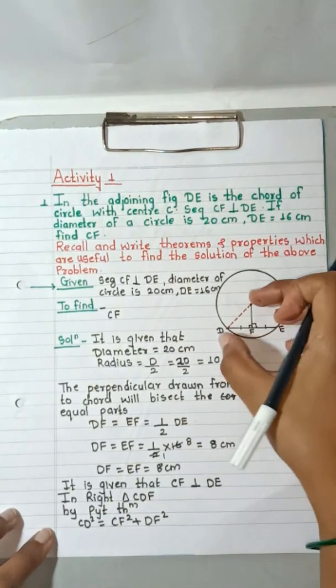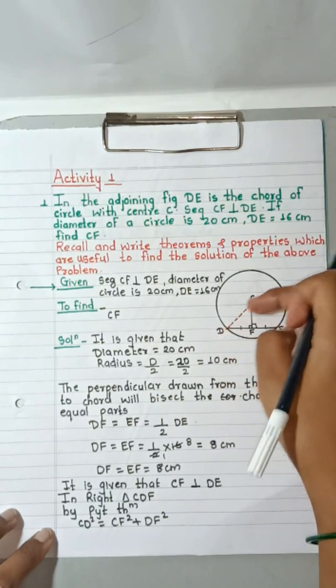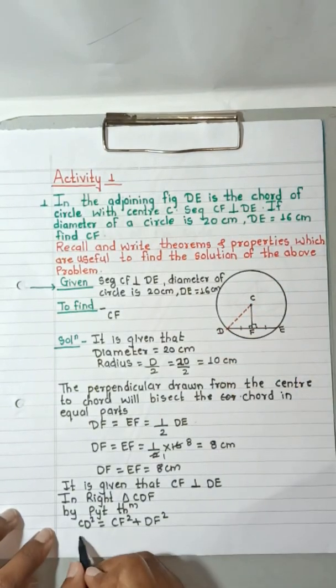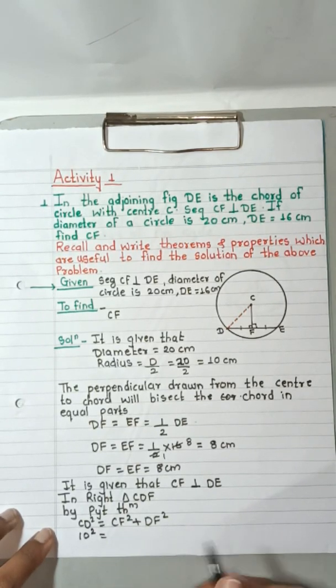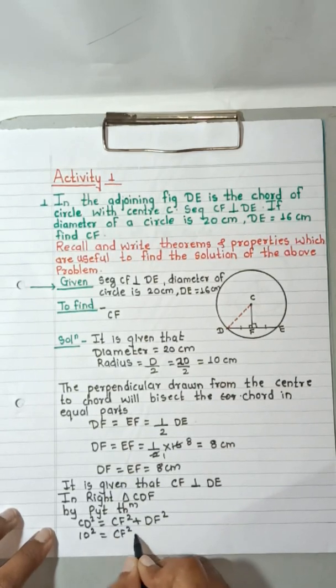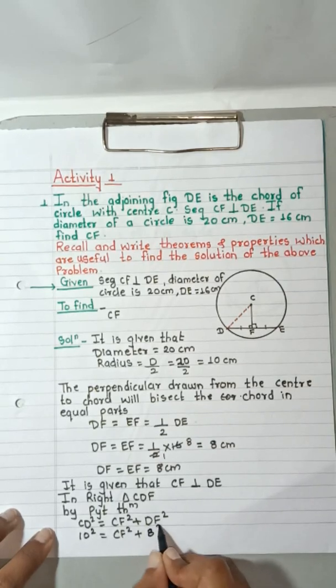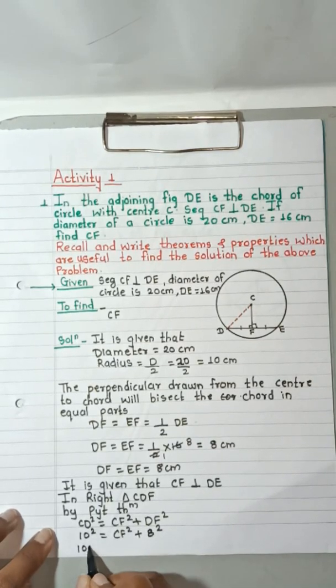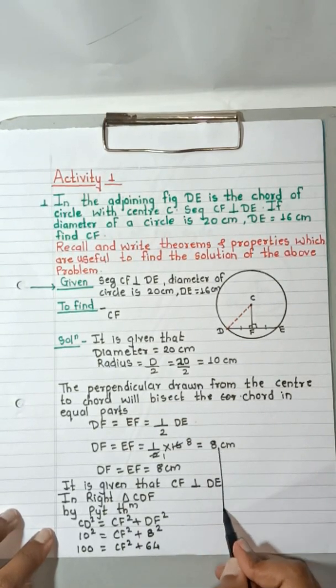Okay, therefore CD is given to us. CD is how much? This CD, we have got it as radius. So CD is the radius. Now it is given that 10 centimeters. Therefore 10 square is equal to CF square plus DF square. DF is 8 centimeters, that is 8 square. So 100 is equal to CF square plus 64.